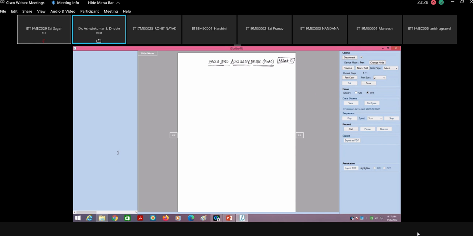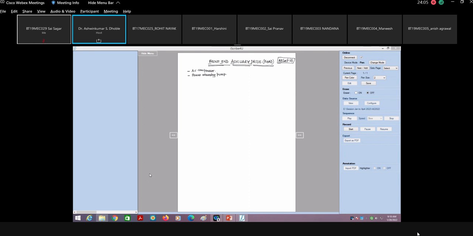Okay, let me tell you what is this front end auxiliary drive. See, what are the auxiliary systems which are fitted in the vehicle? Here it comes the AC compressor. Second auxiliary is power steering pump.